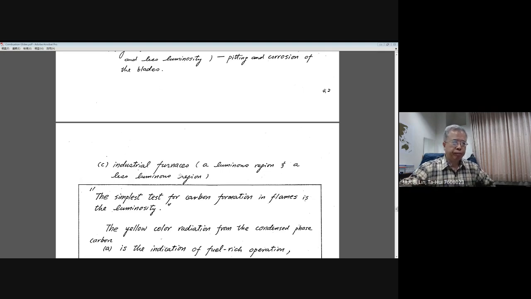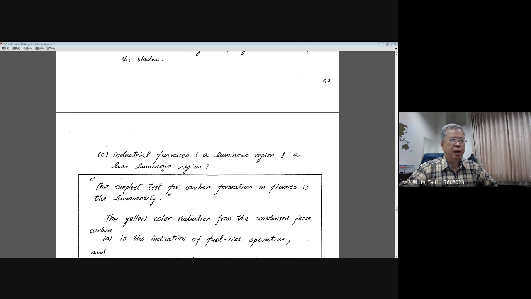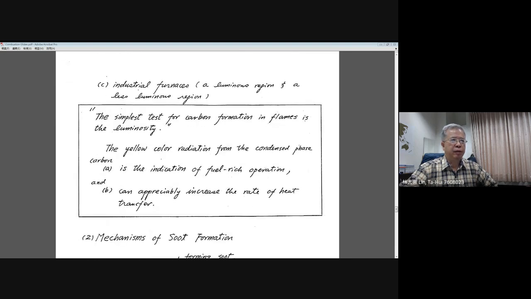Okay. Here, when I talk about luminosity, there is a simple test for carbon formation in flame, which is the luminosity. I emphasize the meaning of luminosity is the yellow color. Because in the old periods, people used oil for lighting, right?